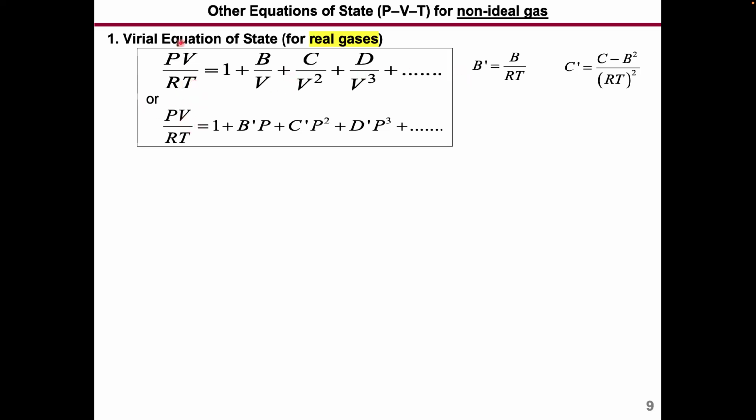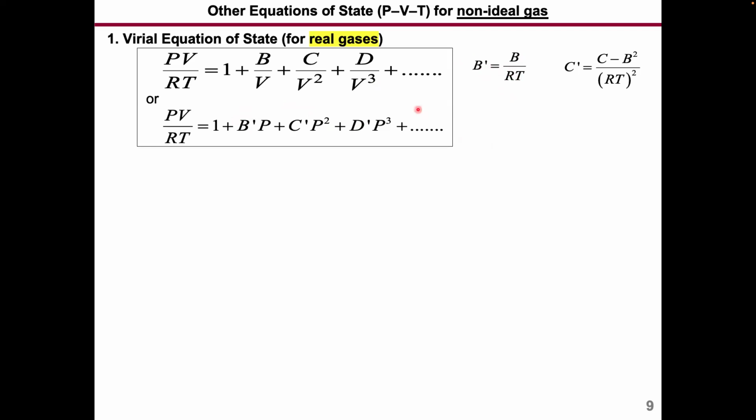Alternatively, you can write the equation as PV divided by RT equal to 1 plus B prime times P, because P and V are inversely related, so 1 over V is analogous to P. So it is B prime times P, plus C prime times P squared, plus D prime times P cubed, and continuing on.